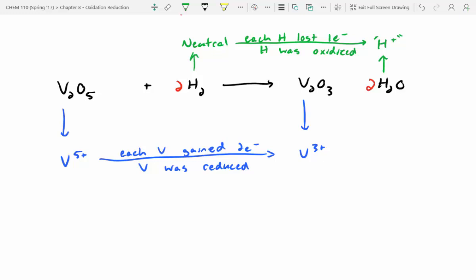I don't get the whole, how hydrogen is... So hydrogen up here went from neutral because it was by itself to being H+, +1. So in order to go from neutral to positive, it must have lost a negative charge. So it lost that 1 electron. Does that make sense? Yeah. Let's go back to the chart, right?